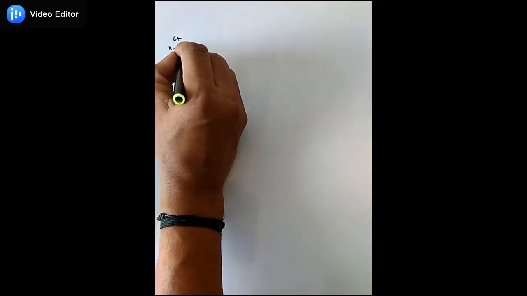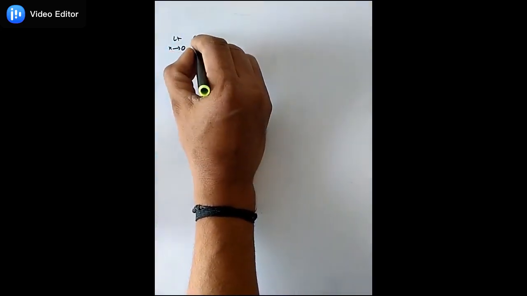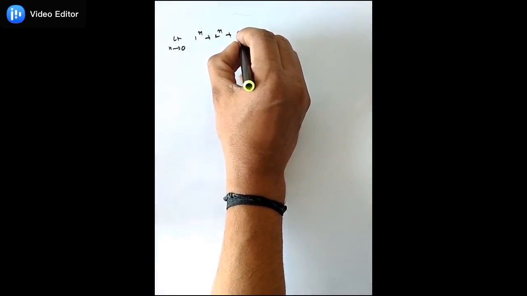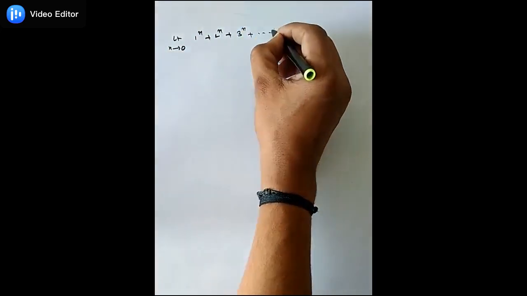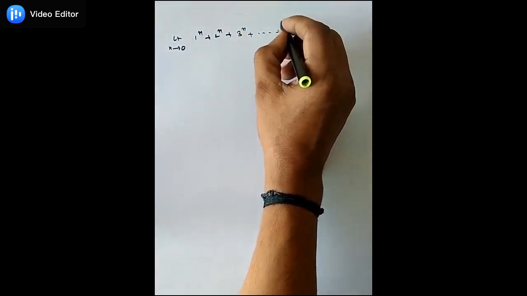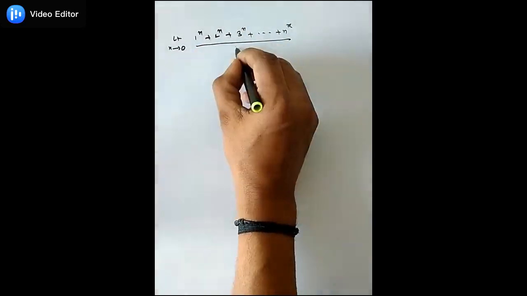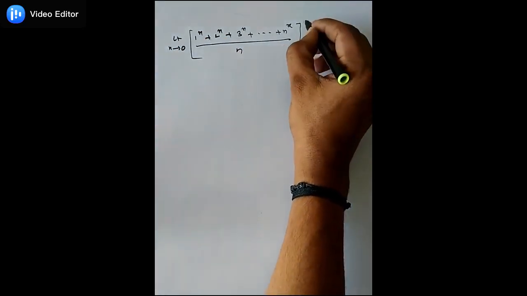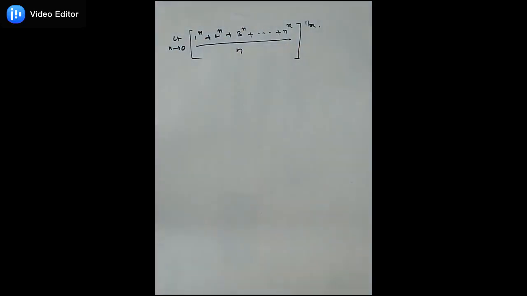The limit as x tends to 0 of (1^x + 2^x + 3^x + and so on + n^x) / n, whole to the power 1/x. So what is the value of this limit?